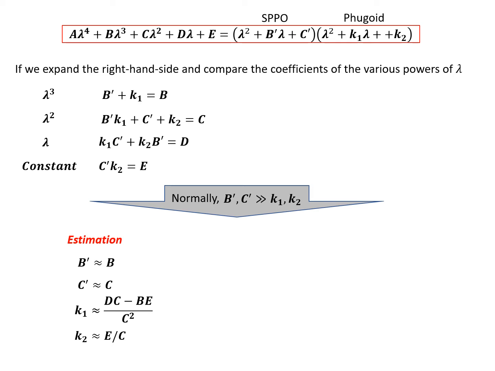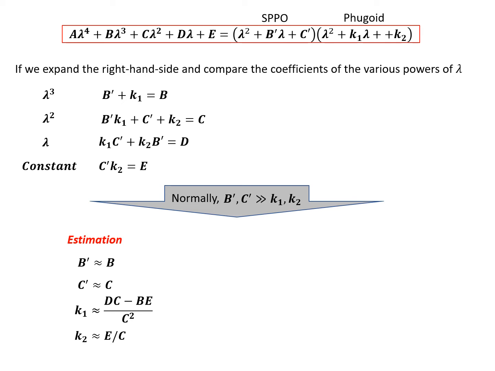And B prime times K1 also becomes a very small number, so B prime K1 plus K2 is far smaller than C prime. That's why we can eliminate those two parts. For K1, we have (DC minus BE) divided by C squared, and K2 is roughly E divided by C. Okay, so this is the first estimation.